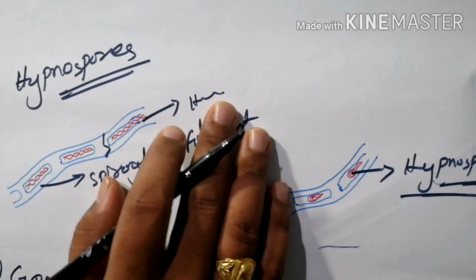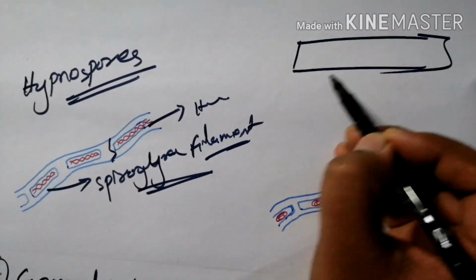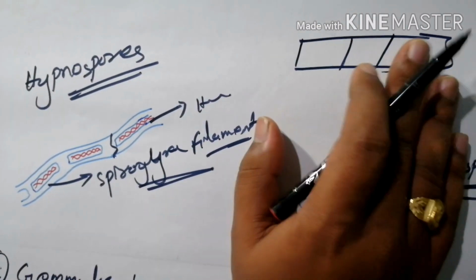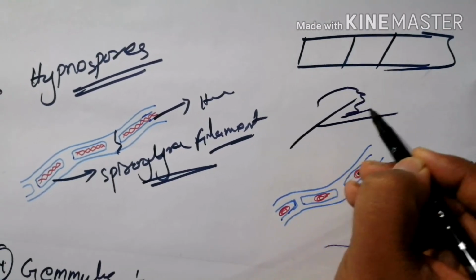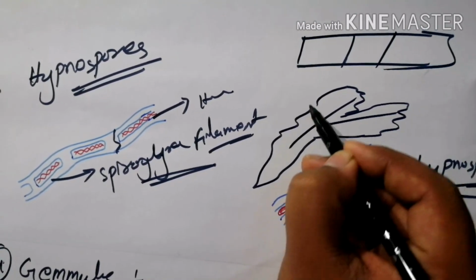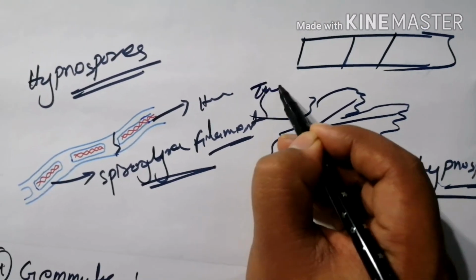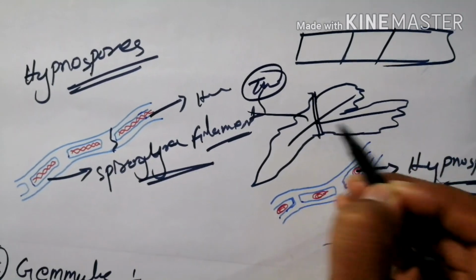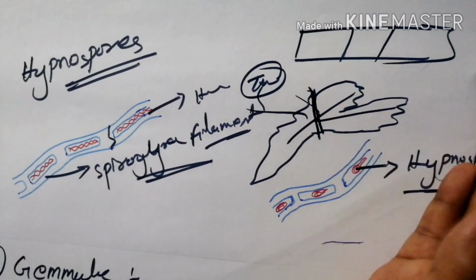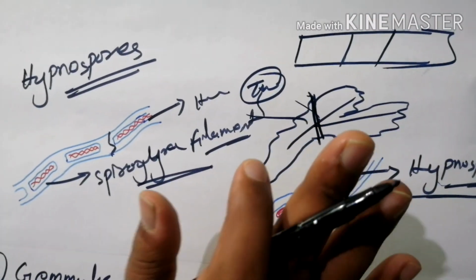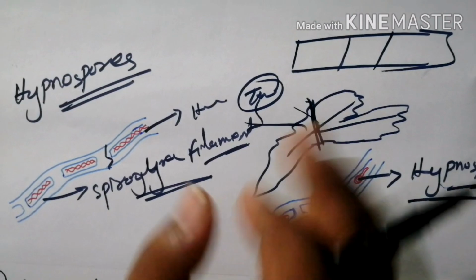It is a process in which your thallus is divided into many fragments. If this is one type of organism, some type of algae or fungi, and this is your thallus structure, if the thallus breaks down into some parts, then the fragmented part is liberated and gives rise to a new plant. This is the basic concept of the fragmentation process. Fragmentation means just breakdown, that's it.